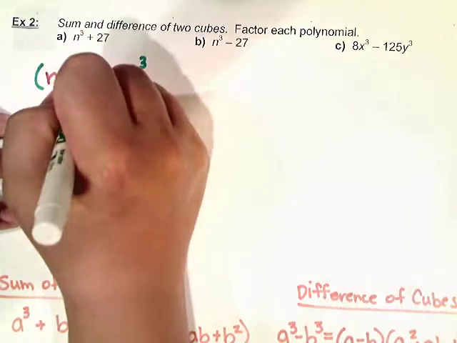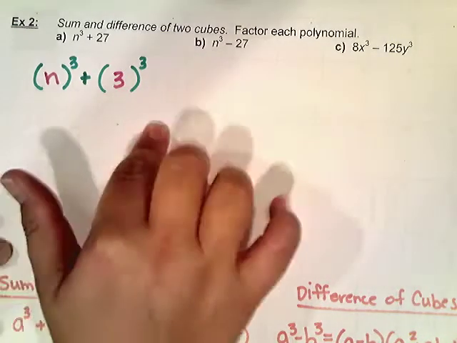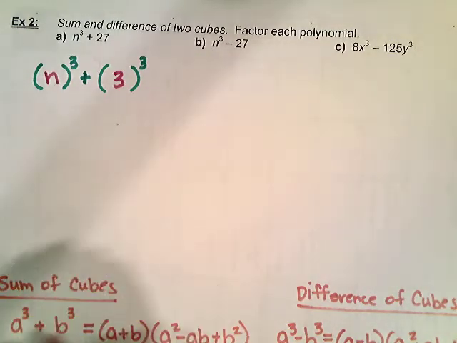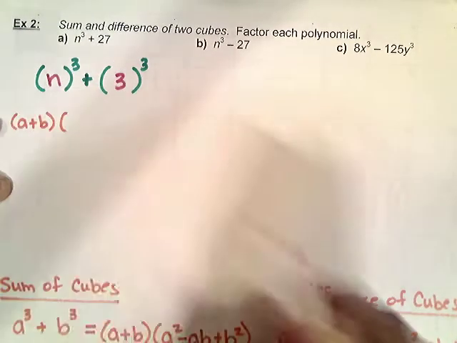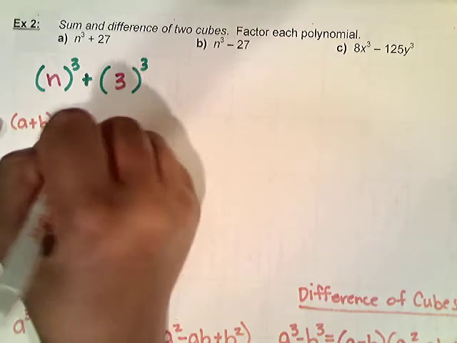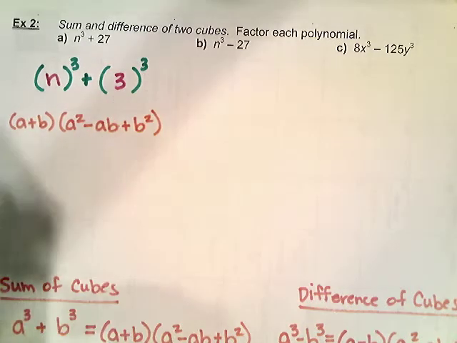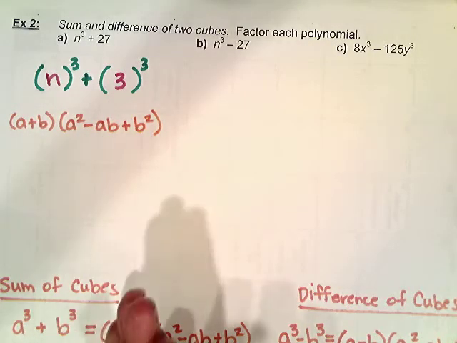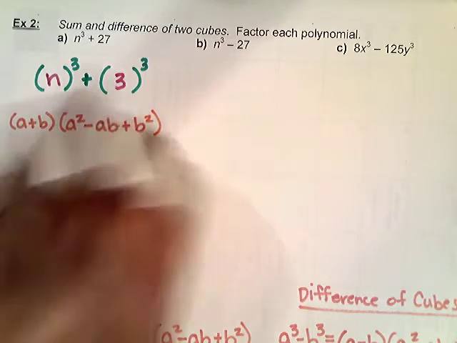Here we have a plus, so we're going to use the sum of cubes. It might help if you rewrite the pattern just right above it so that you can directly fill it in. So that's what I'm going to do. A plus b times a squared minus ab plus b squared. Everywhere we see an a, we're going to put in n, and everywhere we see a b, we're going to put in 3.